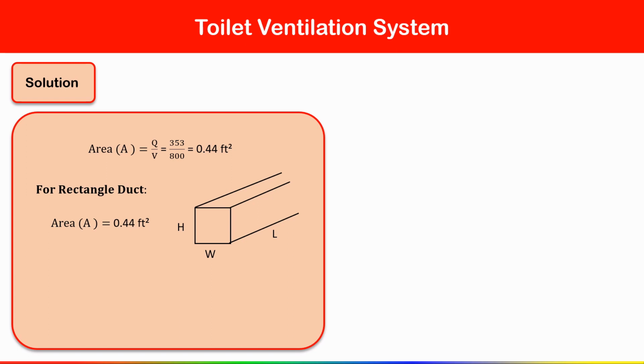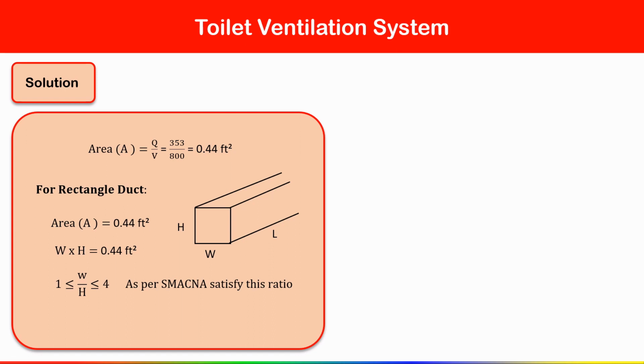Width and height. So area is width into height. Now here we have to follow the aspect ratio as per SMACNA. I have told you what that is. When you take the ratio of width and height, this ratio will always be greater than or equal to 1 and less than or equal to 4. As per SMACNA we have to satisfy this ratio.